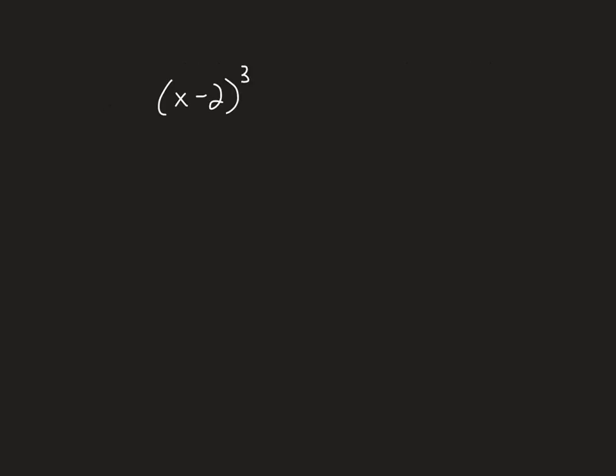Here's one. Looks a little different. But please be careful here. You do not want to say that this is x to the third minus 2 to the third. No, no, no. Okay? And why is that?